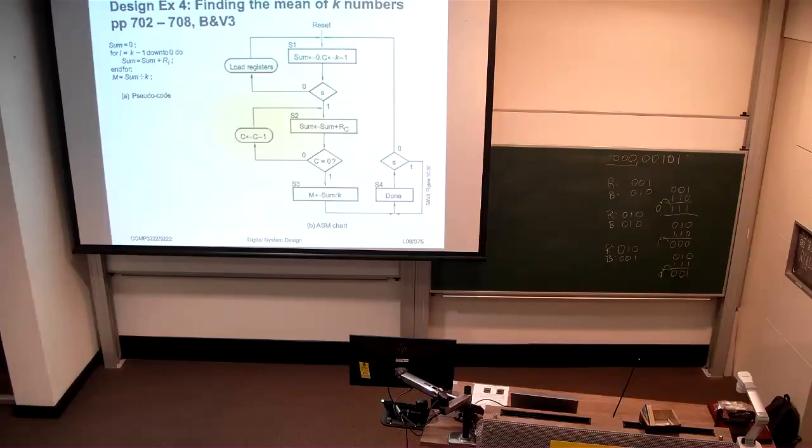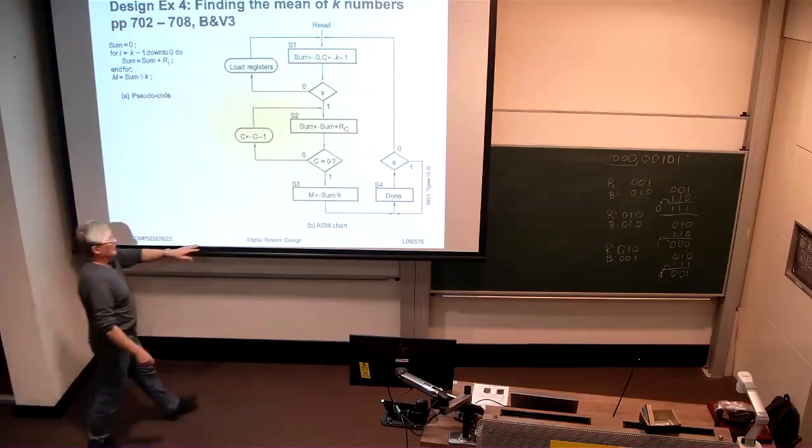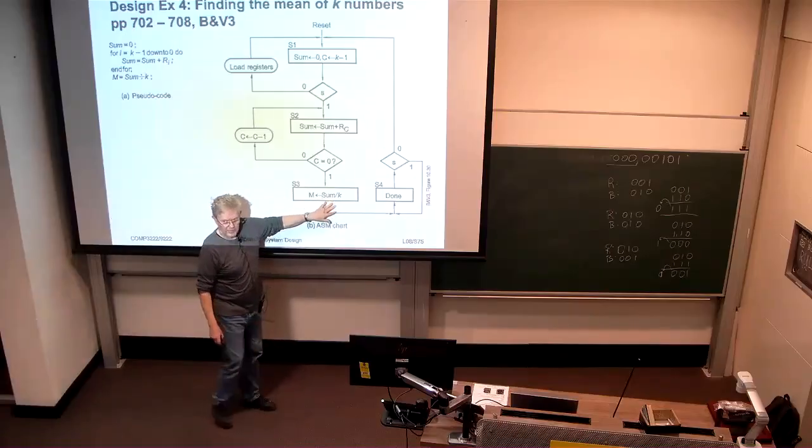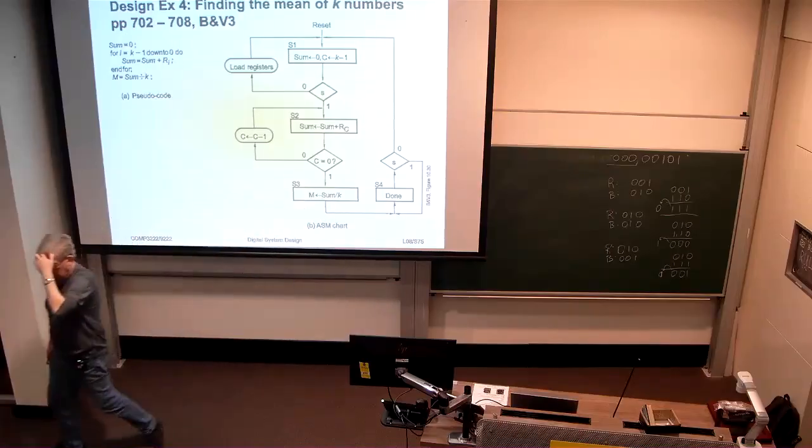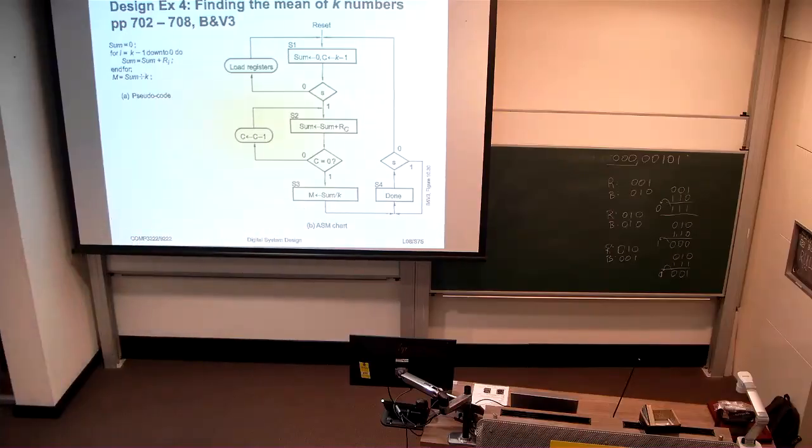This final example is nice because it includes the division operation as one of its states. And so we can see here how that entire design gets instantiated within this larger design that involves the accumulation of k numbers and then the division by k to find out what the mean value of those numbers is.